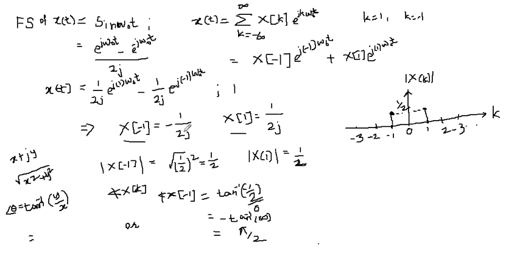To find the angle, this j has to be in the numerator, in the form x plus jy. And to get that, we need to multiply and divide by j. So X of minus 1 is minus of 1 by 2j.